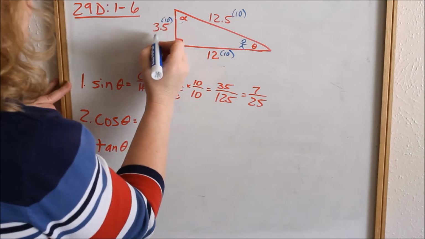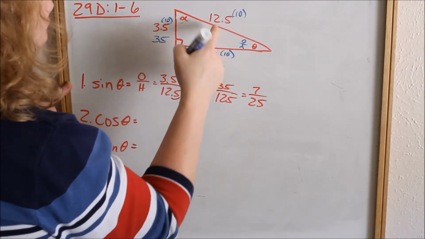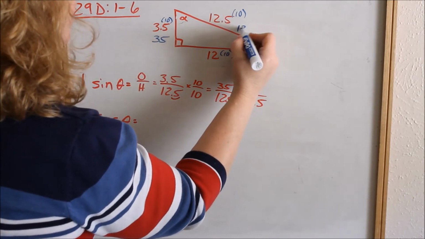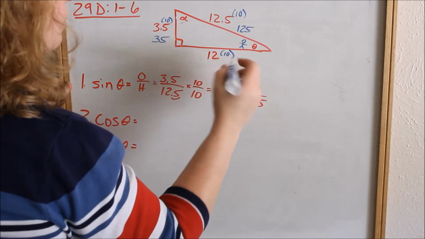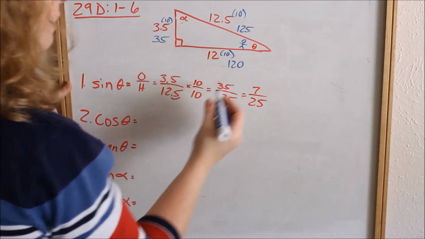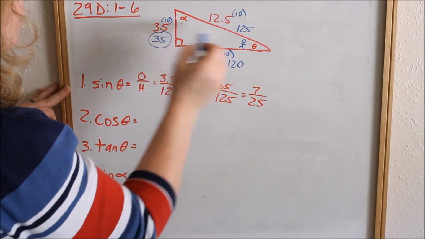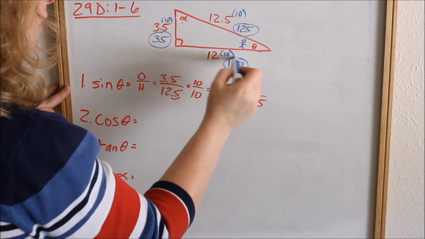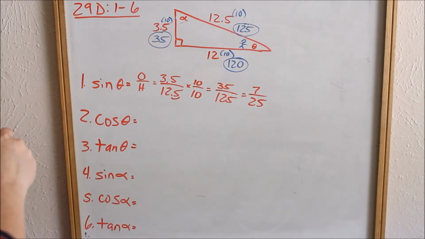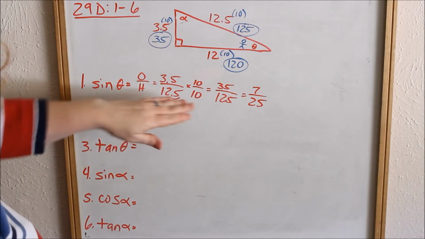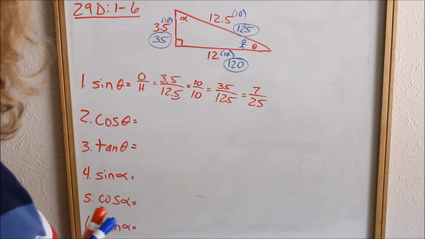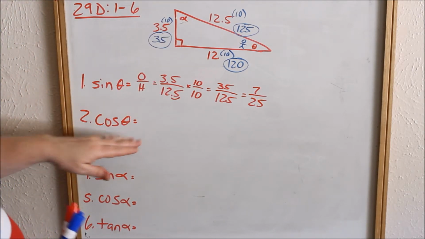So this new number would become 35, this new number would become 125, and this new number would become 120. So we're going to be using our blue numbers now throughout the rest of the problem. And then I don't have to get rid of the decimals while working it out. I've already done that.